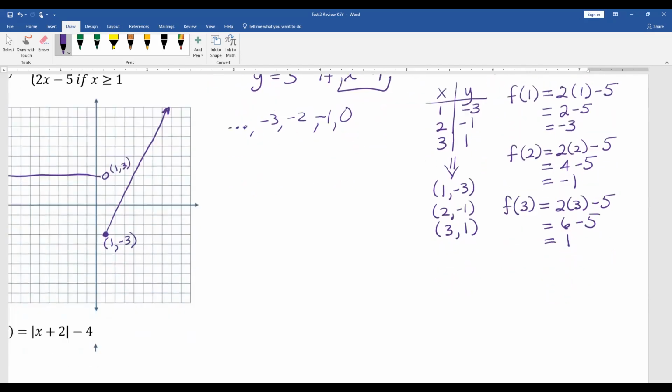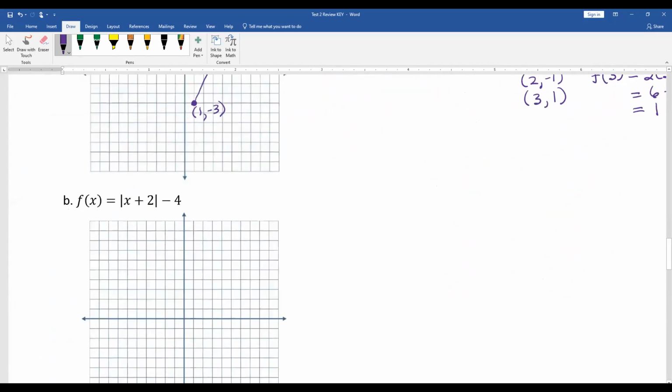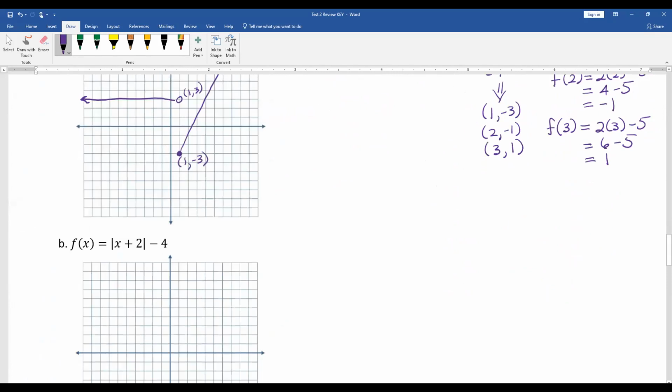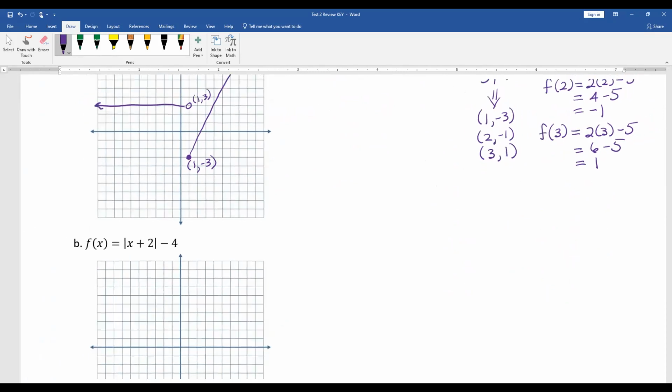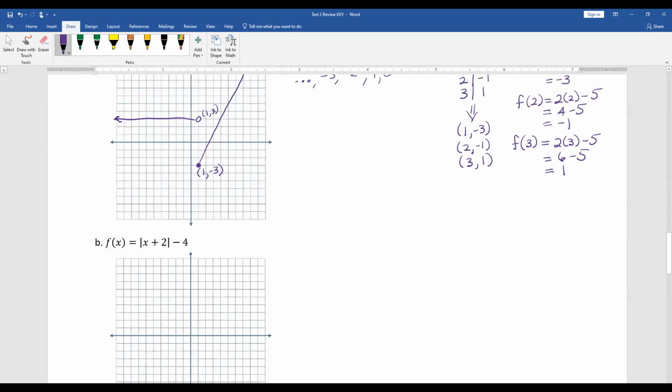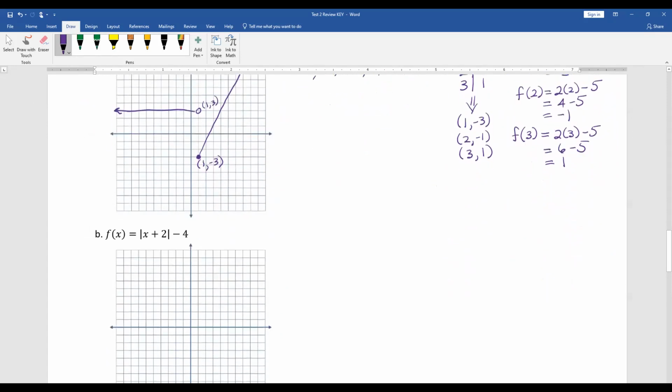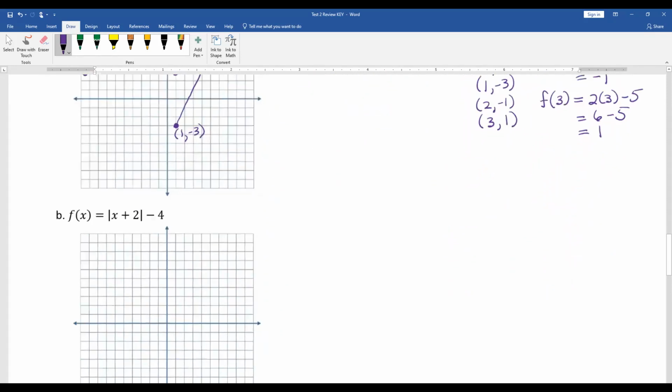All right, any questions? Does this make sense? Okay, I hope so. Our next one is a family of functions. We have a parent function and then we have our translation function. So for the second one, we use our parent function and our translation function to figure out how we're going to graph this.